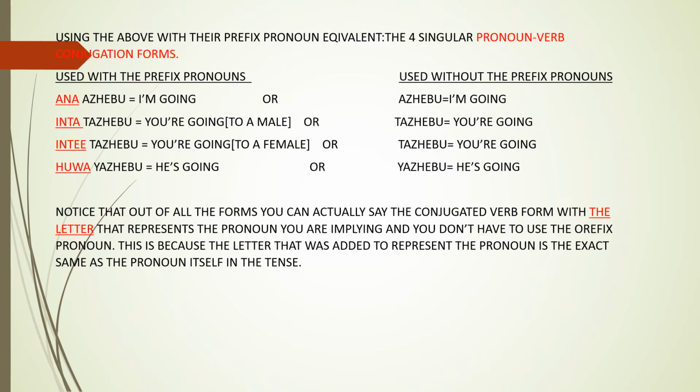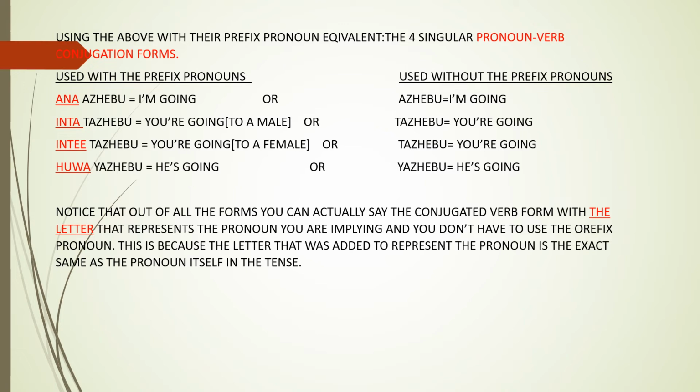So you could just say azhibu ila hasuk, I'm going to the store, or you can say ana azhibu ila hasuk. Same thing. The next prefix pronoun is enta, and this is you to a male. So you could say enta tazhibu, you're going.